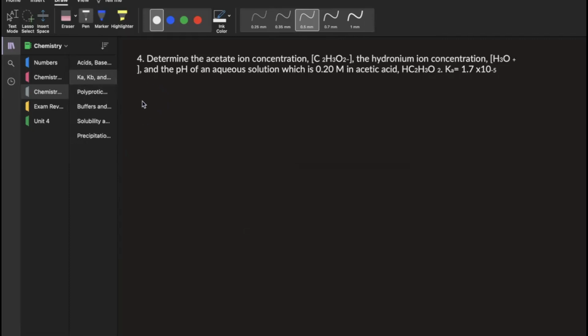So we're looking at acetic acid, which is HC2H3O2, plus water, gives us, and since this is working as an acid, it's going to lose a proton, giving us C2H3O2 minus plus H3O plus.